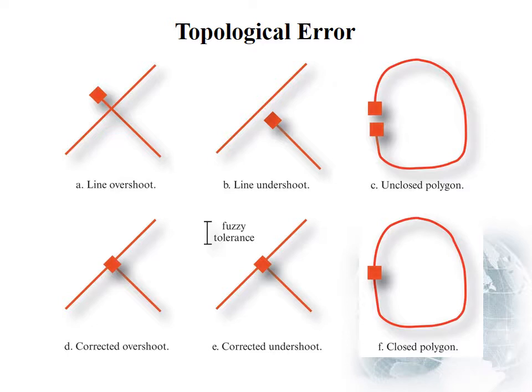You also want to be a little bit careful because sometimes if you set that snap distance too large, maybe you do need to have a cul-de-sac. Maybe you do need to have an undershoot to describe how those roads actually work together.